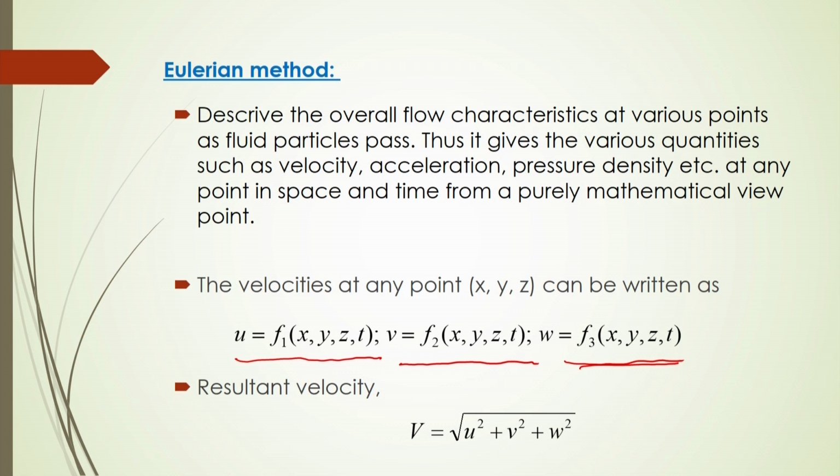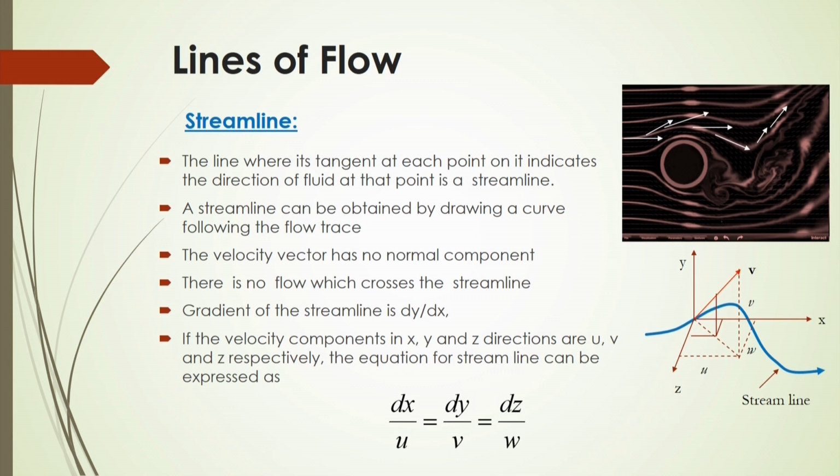Finally, the resultant velocity based on these directional velocities will be V equal to the square root of u squared plus v squared plus w squared, where u, v and w are the velocity components in the x, y and z directions respectively.